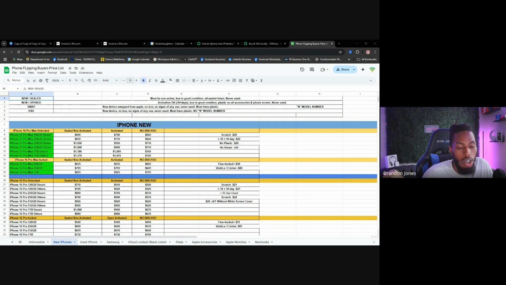We forward that email to a master email that goes to all 50 of the buyers. They then shoot back prices, and they can all see the prices being sent out. One person might say 900, another person might say 950.